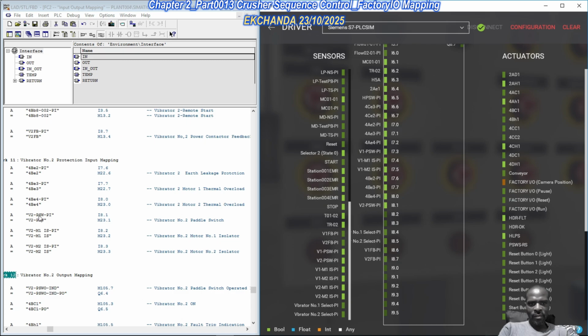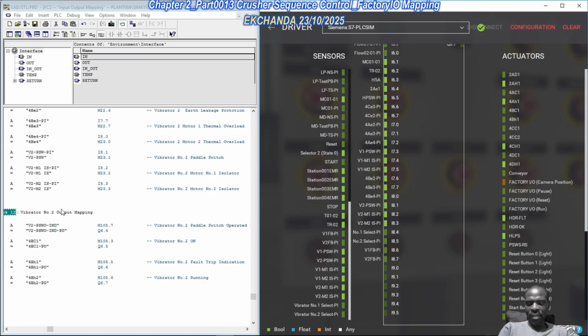Then vibrator 2 motor 1 isolator is mapped to input 8.2, and vibrator 2 motor 2 isolator is mapped to input 8.3.